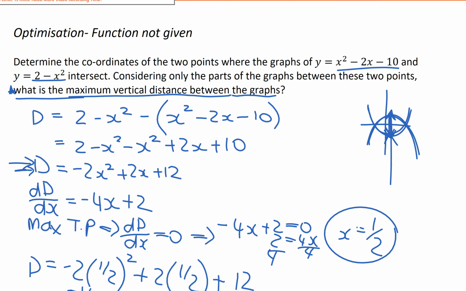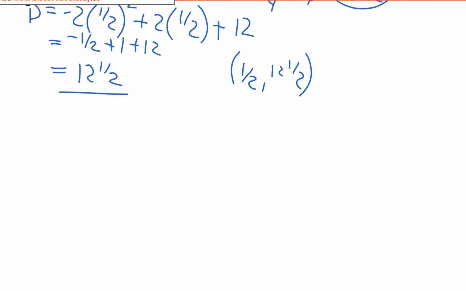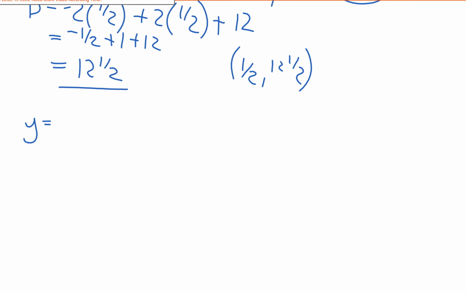So how do I do that? What am I trying to find? I'm trying to find whether this graph here equals that graph there. So I'm trying to solve those 2 graphs simultaneously. Alright, so let's write them down. So it should be y equals 2 minus x squared and y equals x squared minus 2x minus 10.